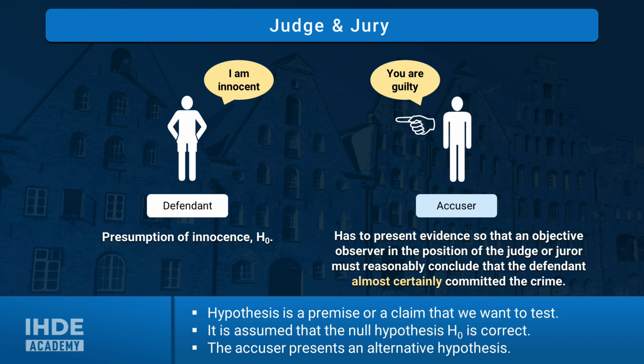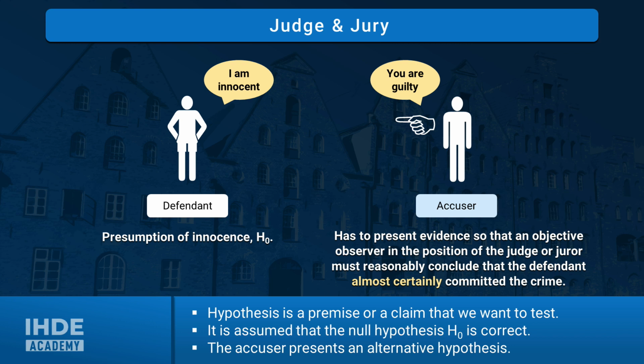In front of a court, hypotheses are put forward. Since the accused is assumed to be innocent, the assertion, "I'm innocent," is the null hypothesis. It is automatically assumed to be true. The prosecutor presents an alternative hypothesis, claiming the accused is guilty.